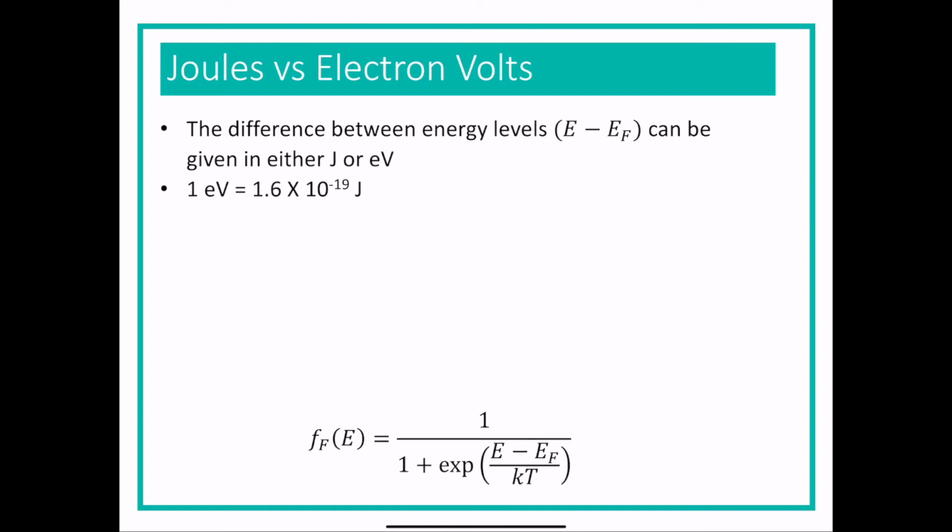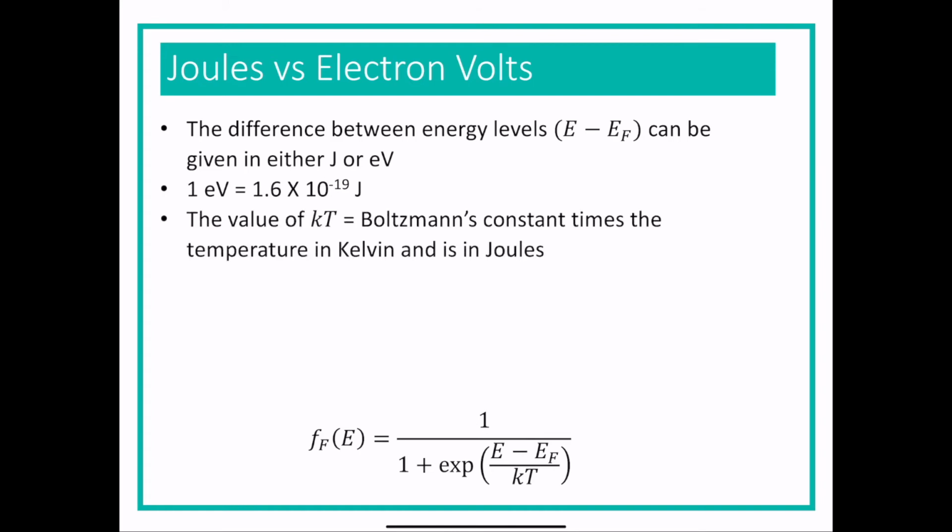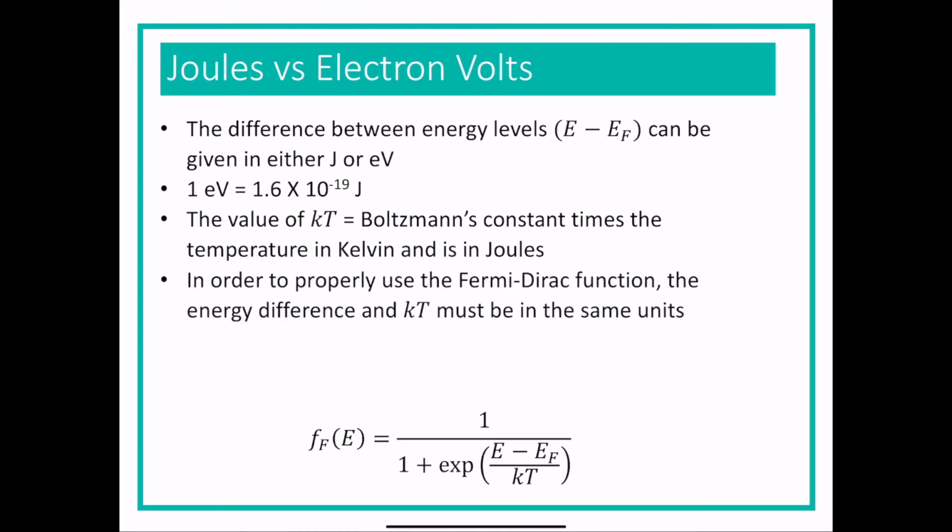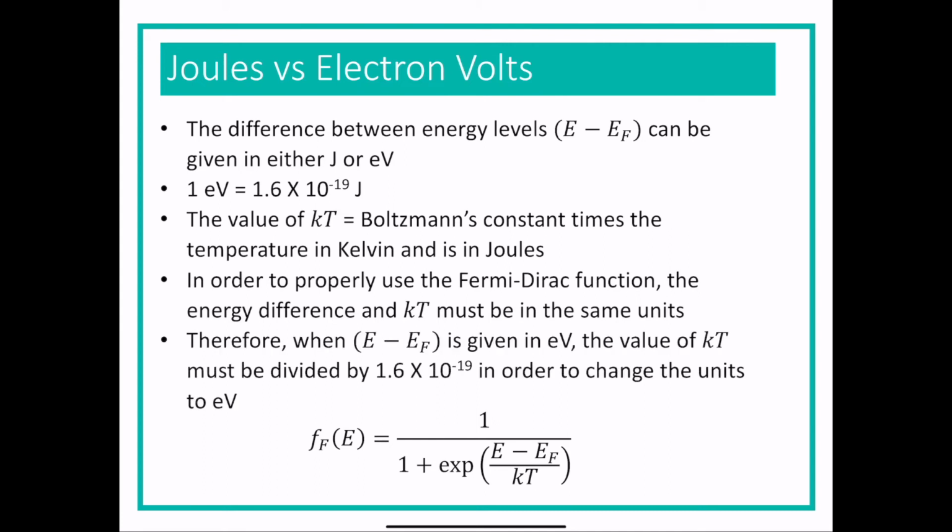On the bottom of the equation, you have E minus EF, which is probably going to be given in electron volts. K times T is in joules, not electron volts. So that has to change units in order to match, which means you're going to have to take the KT value and divide by 1.6 times 10 to the minus 19 to put them in the same units.